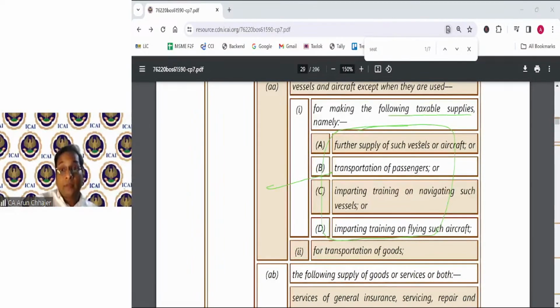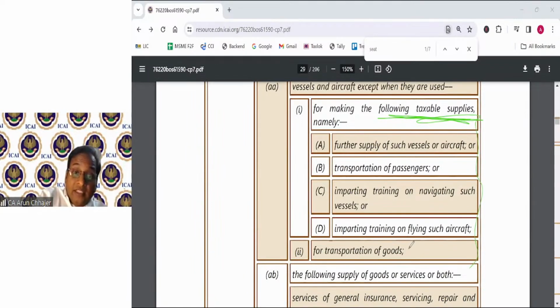It means it should be the taxable supplies for which you are raising the tax invoice. It should be your outward taxable supply. You are doing the business of transportation of passengers, or training or navigating, or imparting the training of flying that aircraft. You are making the further supply, and this should be your business because it should be a taxable supply.